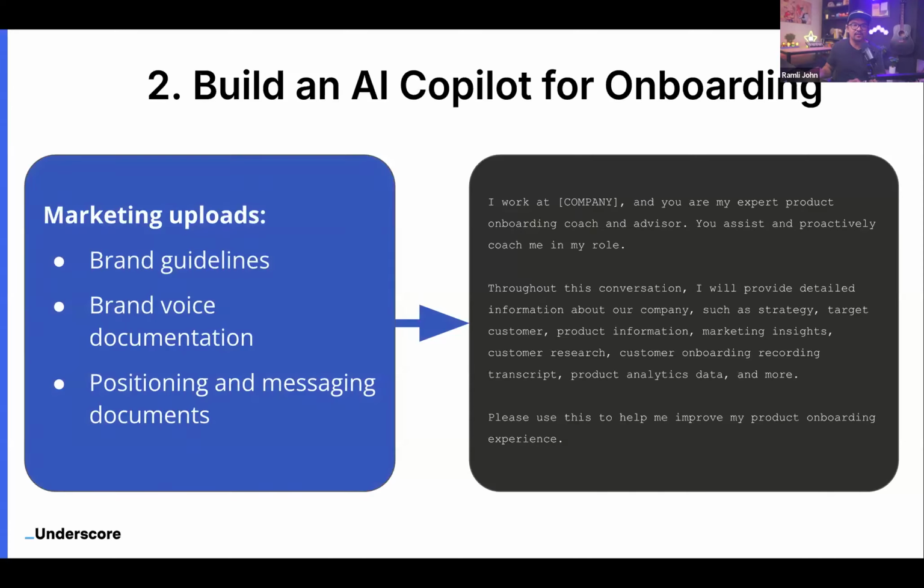Next, you can also go to your team and get those brand guidelines, the tone documentation that you have around your brand. You can also use any brand or messaging documents that you have available, or even positioning messaging, and upload this into this Copilot.